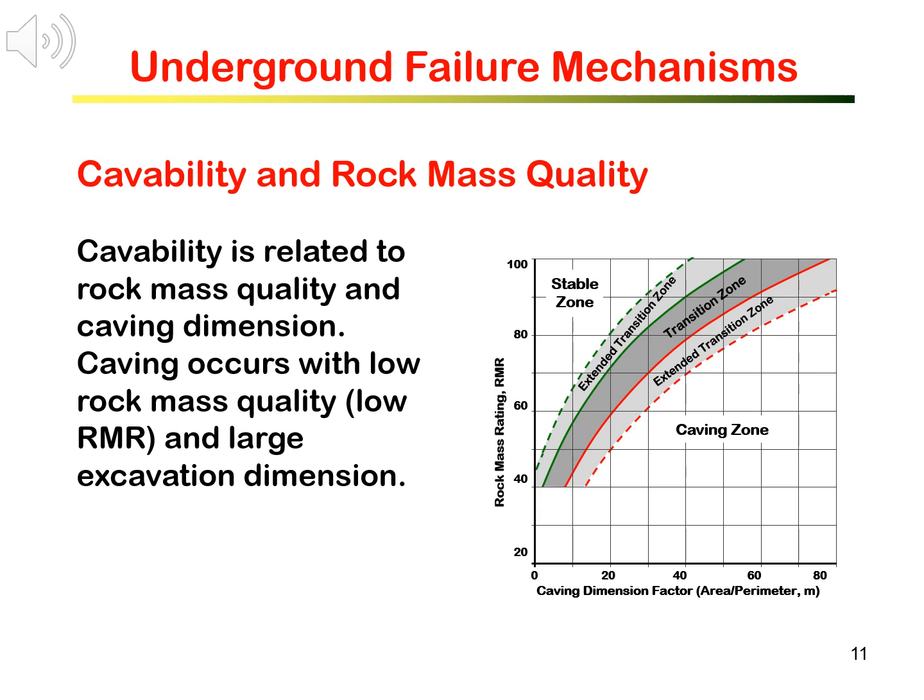It is interesting to note that we can actually analyze stability and cavability using the same parameters, the rock mass quality. As you can see on the figure here, the opening is stable at a higher IMR and a smaller dimension.